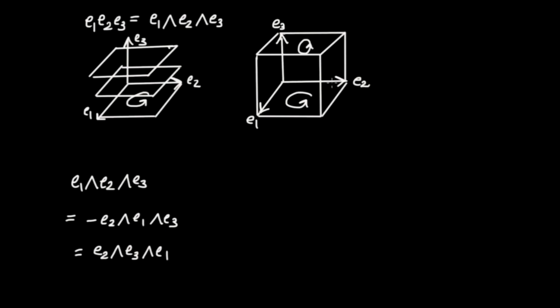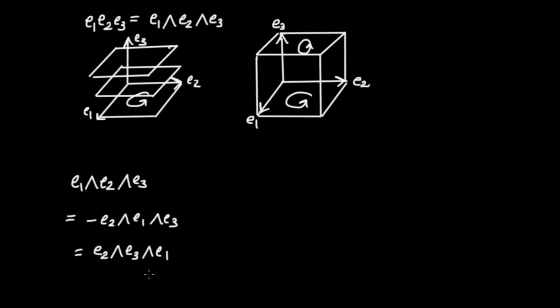Let me draw on the orientation there. E2 wedge E3 has got to get extended in the E1 direction, and that generates the same abstract volume element. So hopefully you can see that if you take this face of the cube and you extend it this way in the E1 direction, you also generate this abstract volume element.